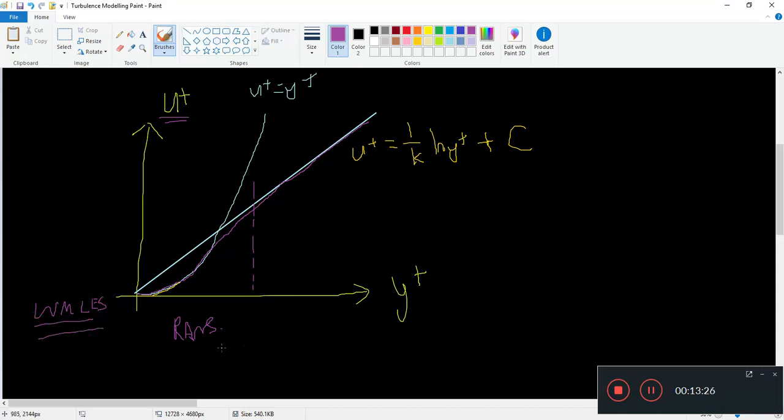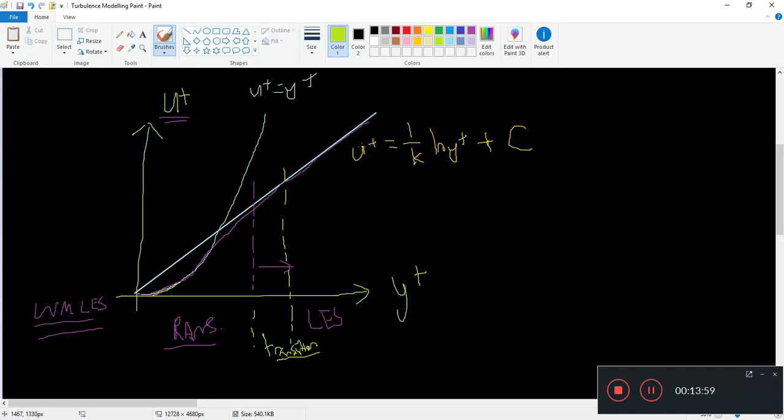You have this RANS layer inside, and then you slowly transition towards LES over here, so there will be some transition zone. I don't know how long this transition zone is. It depends on the flow and the blending function.